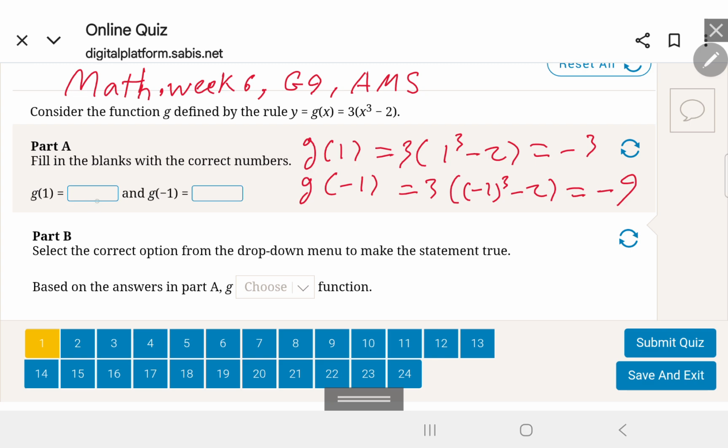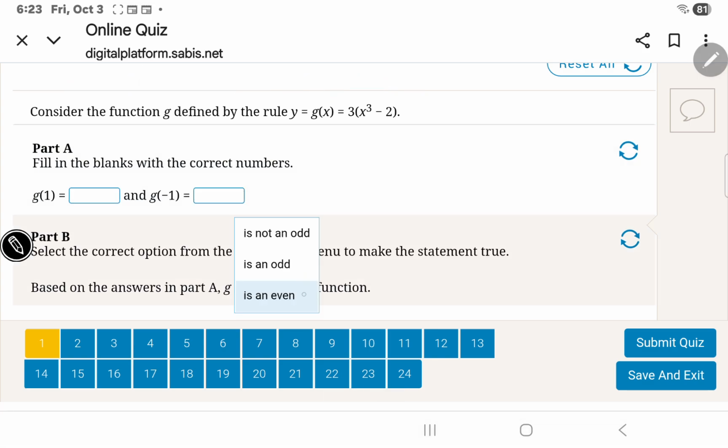So here you have negative 3 and here you have negative 9. Because these numbers are different, this is neither odd nor even. So here we choose it's not an odd.